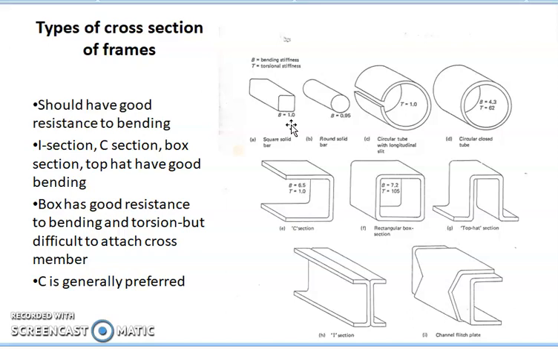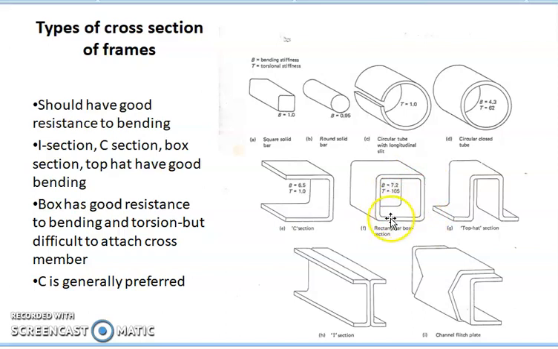For better taking the bending load, preferable cross sections are I section, C section, box section and top hat section. So this is I section, this is C section, top hat section and this is box section. These cross sections are capable of taking bending loads. Here again you see in the case of box section, the torsion load as well as bending load are very good.